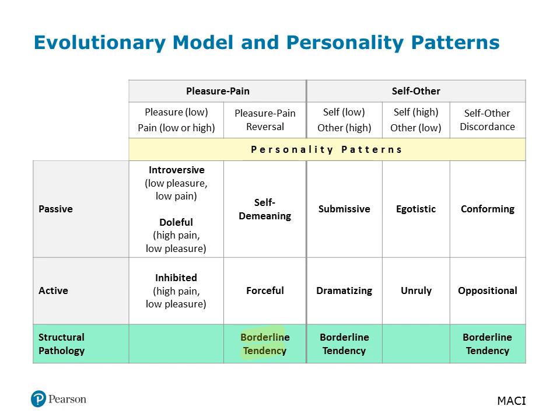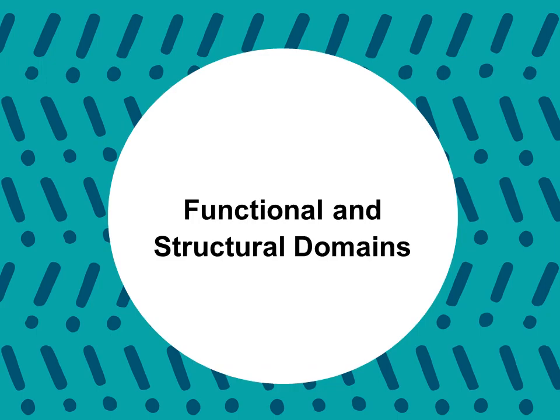So you're thinking about conflicts existing between pleasure and pain, between active and passive, and between self and other. So think about the evolutionary model and how these three polarities actually led to the conceptualization of these personality patterns.